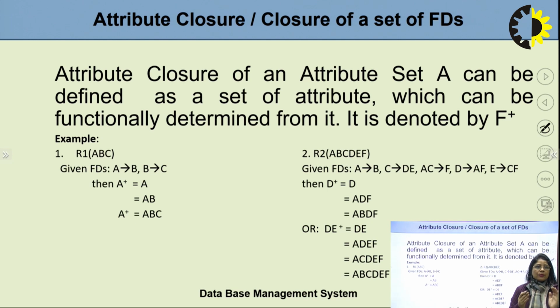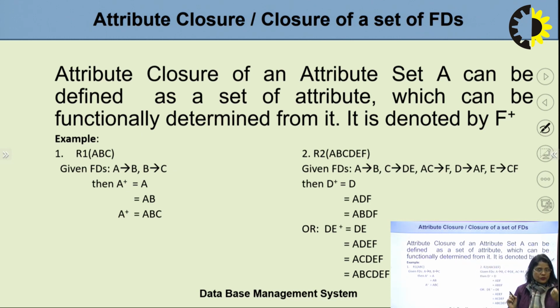Now, attribute closure or closure set of the functional dependency, right? Whenever we talk about the attribute closure, we can find the attribute closure on some set of functional dependencies with the help of functional dependencies, right? So attribute closure is nothing but the closure set of attributes that can be defined as the set of attributes which can be functionally determined from it.